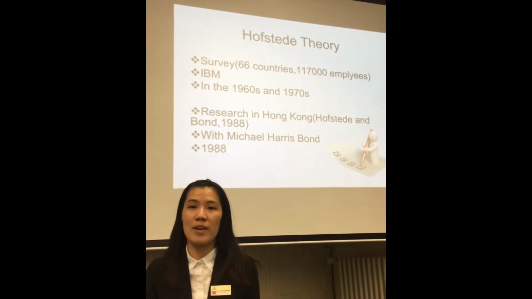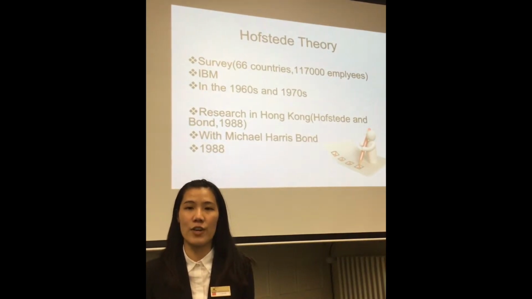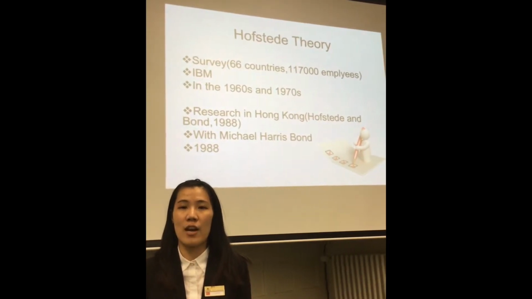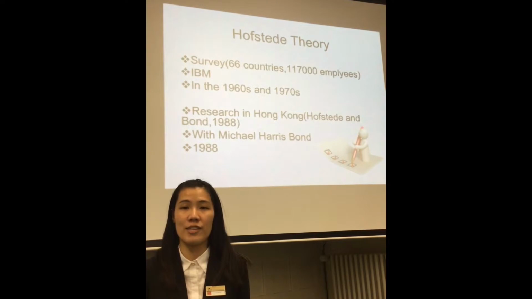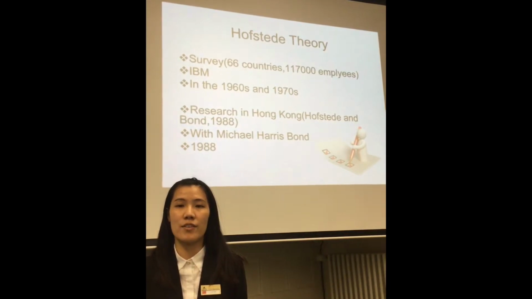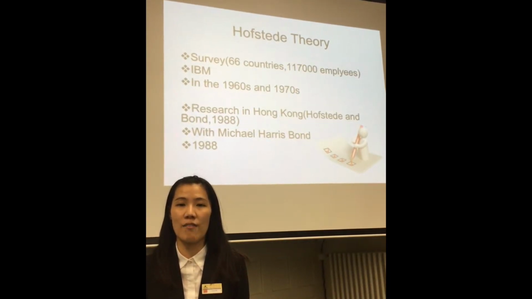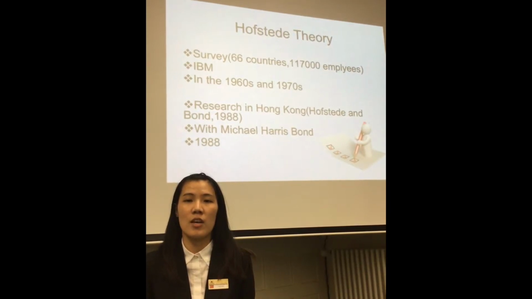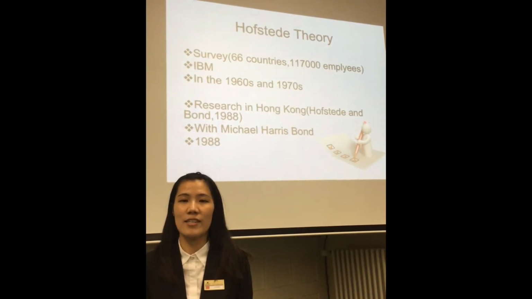Hofstede cultural dimension theory is a framework for cross-cultural communication. Hofstede developed his original model as a result of using factor analysis to examine the results of a worldwide survey of employee values by International Business Machines Corporation in the 1960s and 1970s.